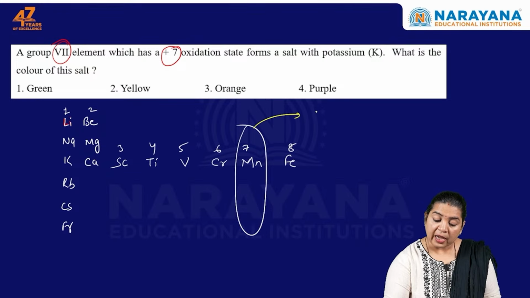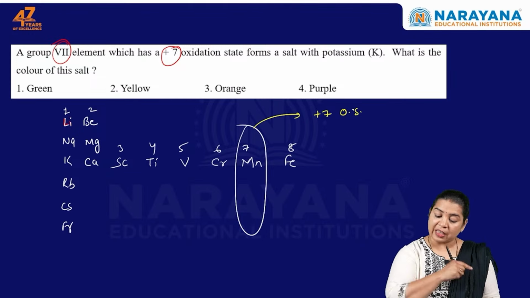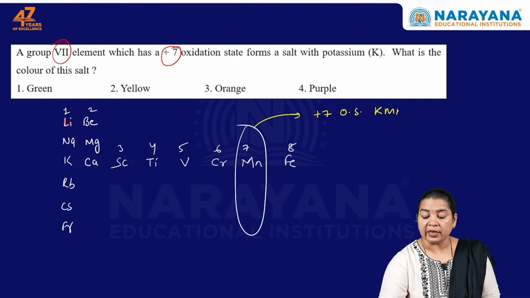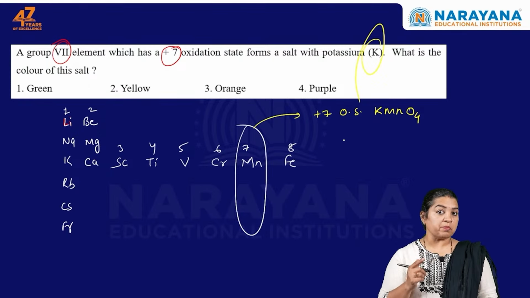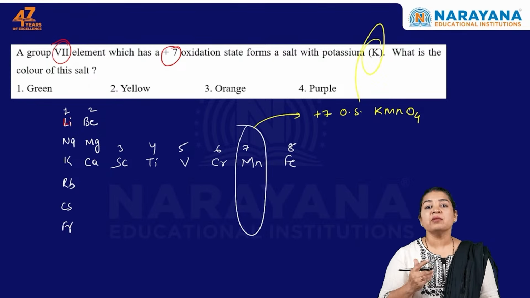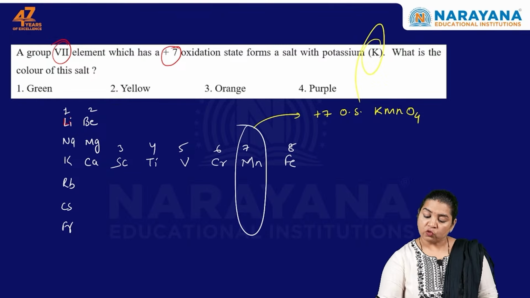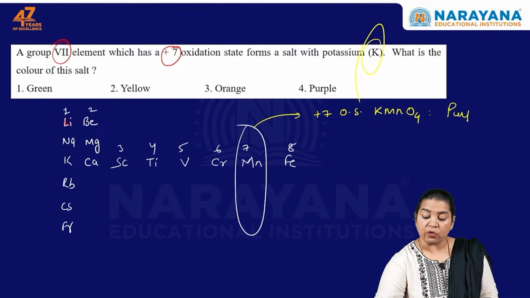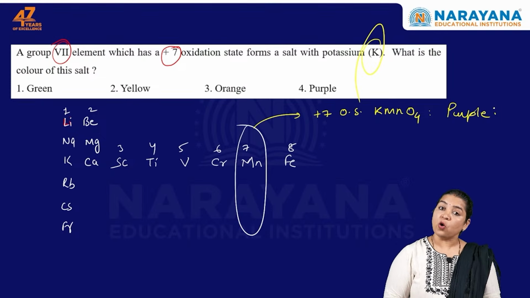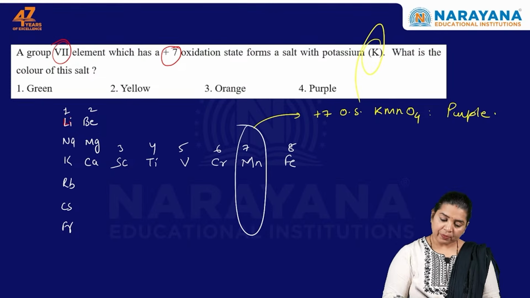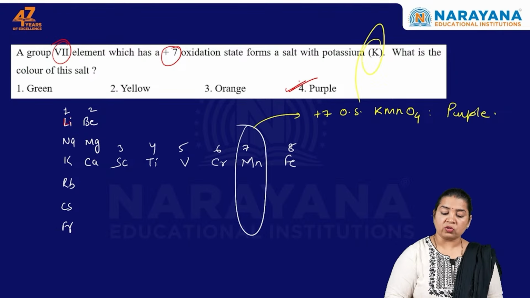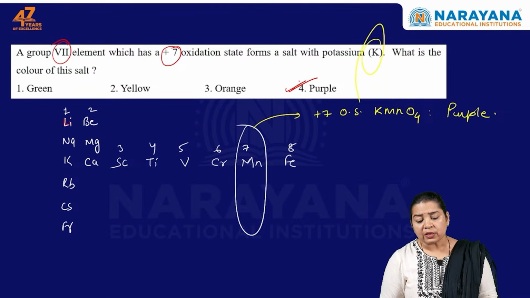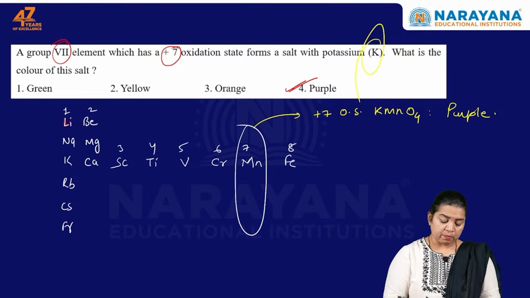If they are asking +7 oxidation state, then they are targeting KMnO4, because we have to identify the compound as a potassium compound. So, if it is KMnO4, then we will take the answer 4, which is purple. As given in this particular slide, most of the students mentioned it was +7. If it is +7, put purple.